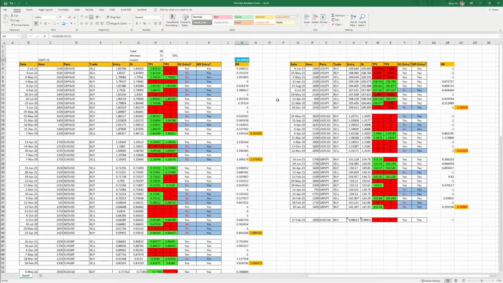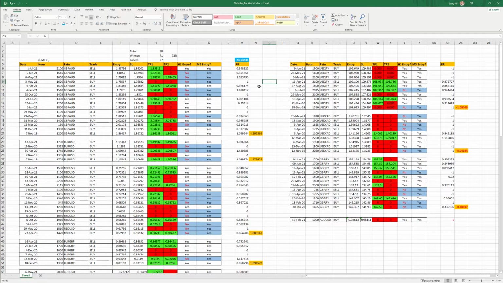What does that mean? That means if we risk 1% of our account on each trade, at the end of so many trades, which is 98 trades, our account will grow 23.63%. That's what it means.